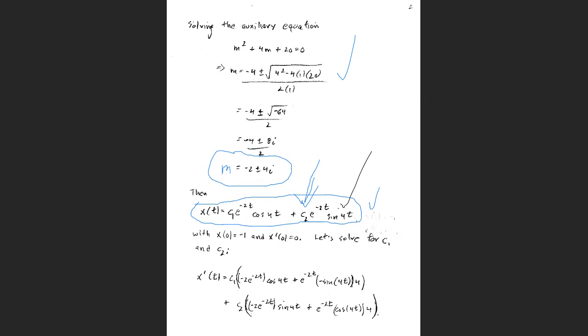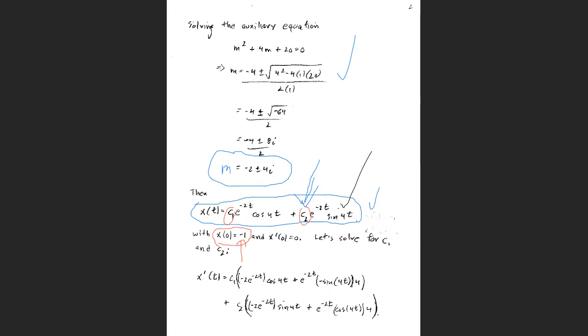Okay. So now we want to solve for our coefficients C1 and C2, and we can do that because we have initial values. We're told that at time 0, the mass is at rest from 1 foot above equilibrium position. Well, 1 foot above means at time 0, x of 0 equals -1. So remember how the vertical axis works.